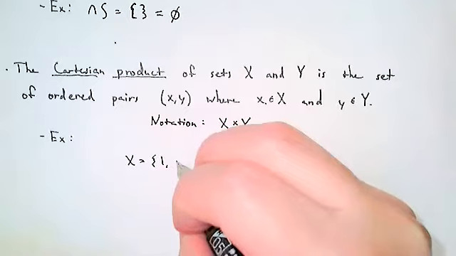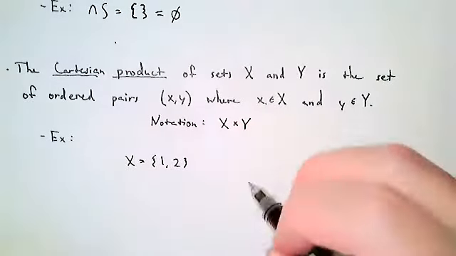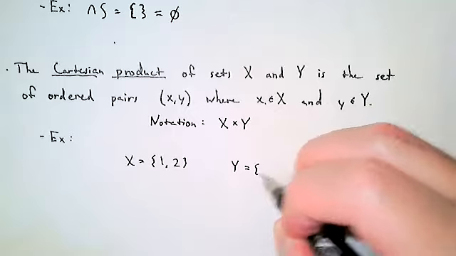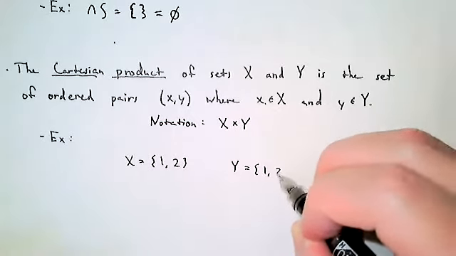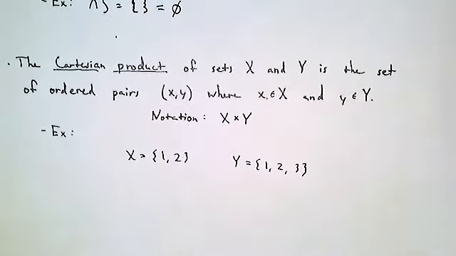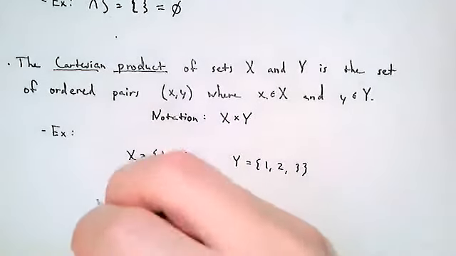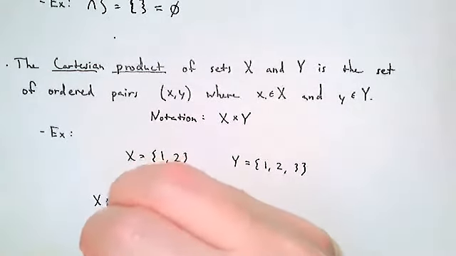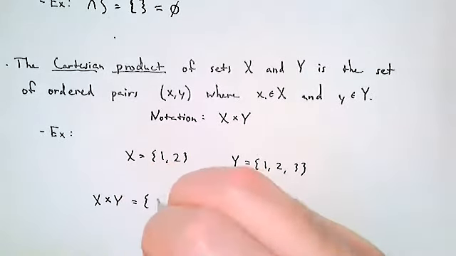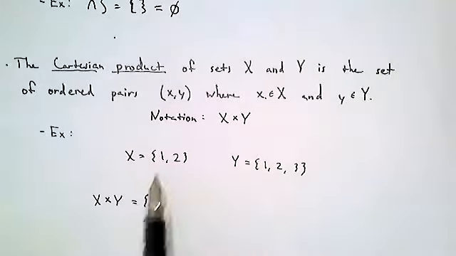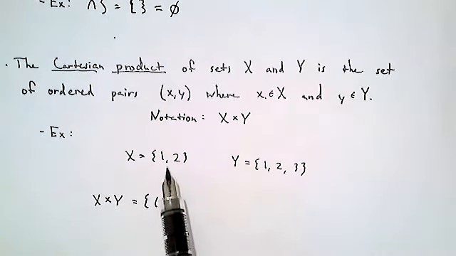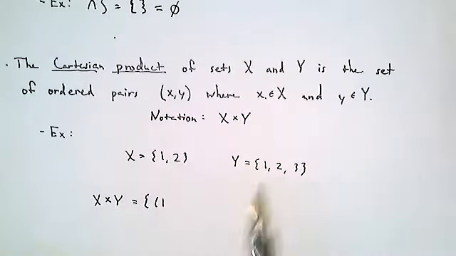And just to make sure we understand how ordered pairs work, let's look at two small sets, to finish up class here. So I'm going to look at all ordered pairs, the Cartesian product of x and y. So it's a set where we have ordered pairs. The first element needs to come from x, the second element needs to come from y.